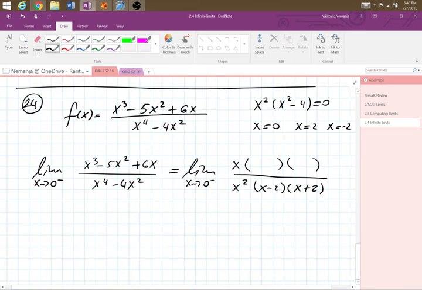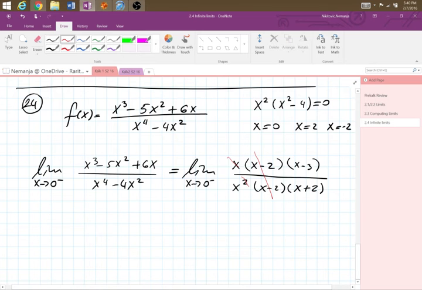What's happening in the numerator? We have positive 6, so that's going to be negative 3 and negative 2. Now we are supposed to cancel here and see if 0 is the vertical asymptote or not. One of the x's cancels, and we are left with this.